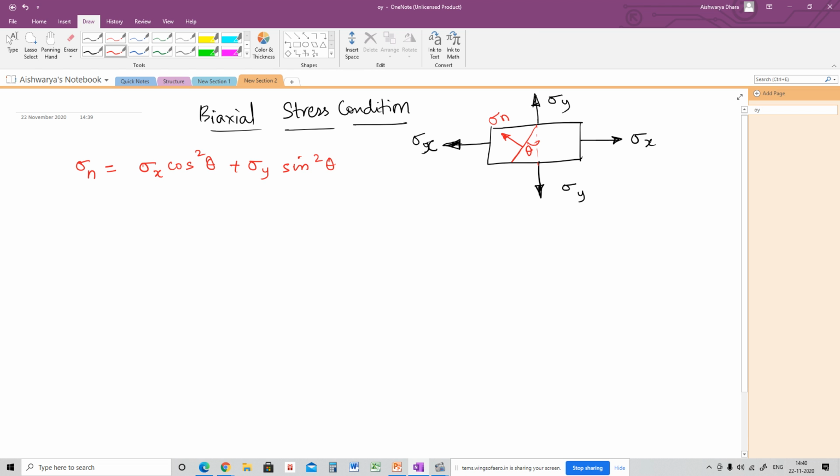Sigma n equals sigma x cos square theta plus sigma y sine square theta, and tau xy equals 1 by 2 into sigma x minus sigma y sine 2 theta.